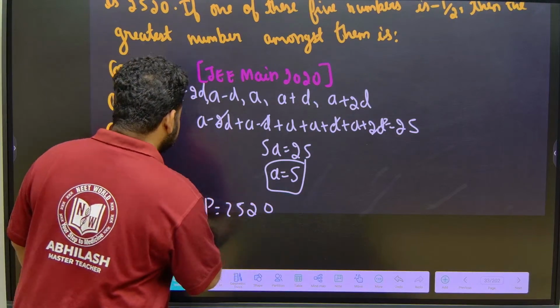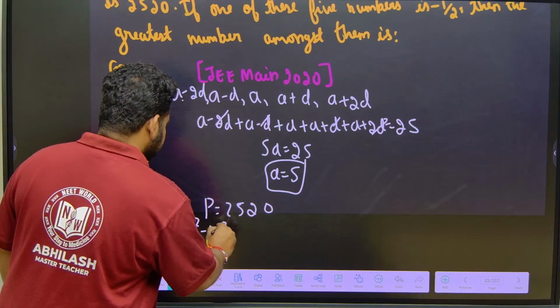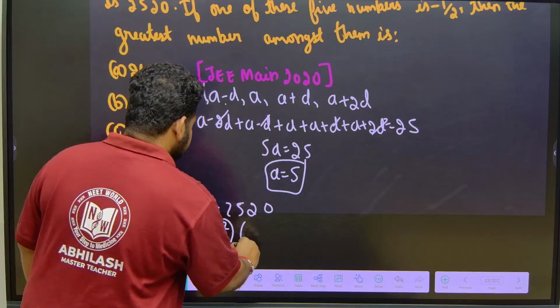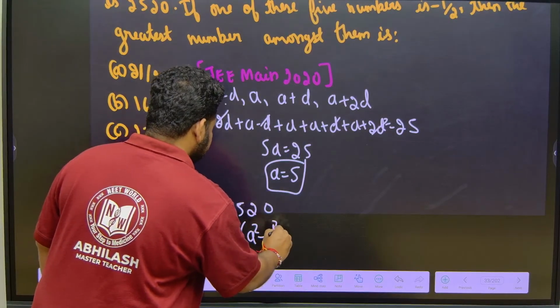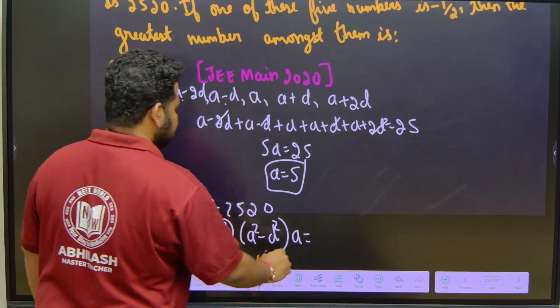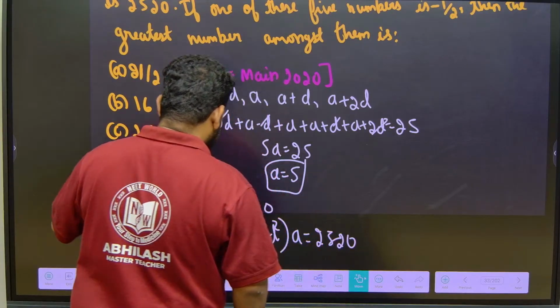So I can write it as a square minus 4d square. Similarly, a minus d into a plus d, I can write as a square minus d square. And a will remain as it is, that is nothing but equal to 2520.